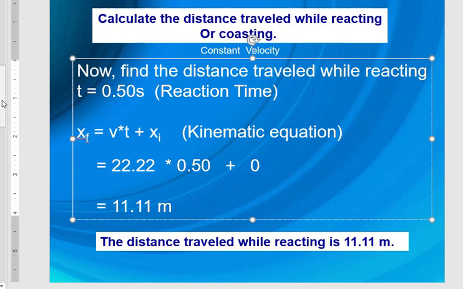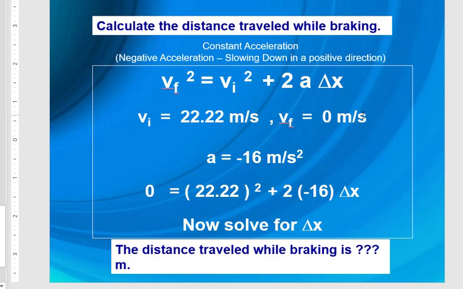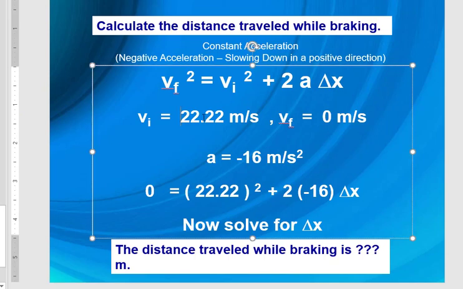And then for the stopping distance, we calculated it in this way. This time you are slowing down. So that means your initial velocity is your 50 miles per hour, or again, the 22.2 meters per second. The final velocity is 0 meters per second, of course, because you are coming to a stop.